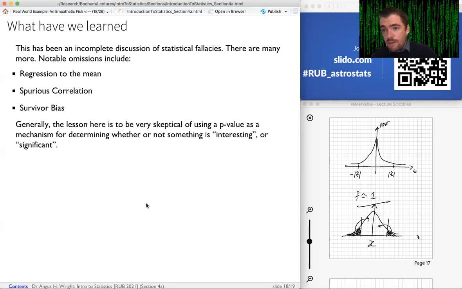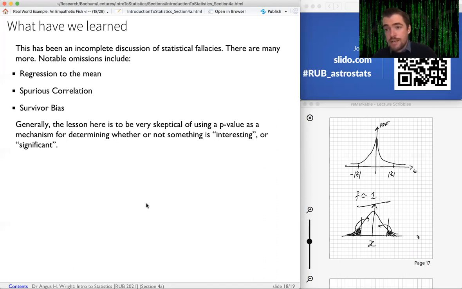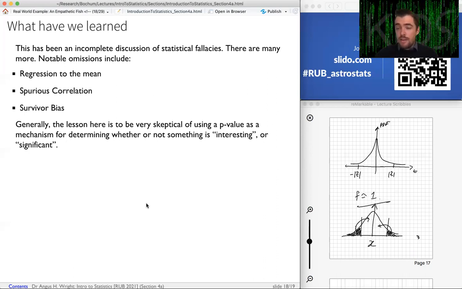And therefore, I can fool myself into thinking that there has been a statistical effect when in fact there isn't. It's just the difference between random realizations of one data set and another, based on the fact that I made a very biased selection in the first place.